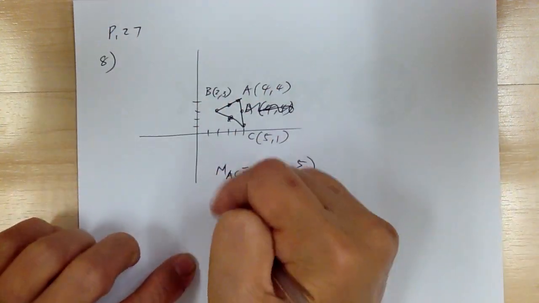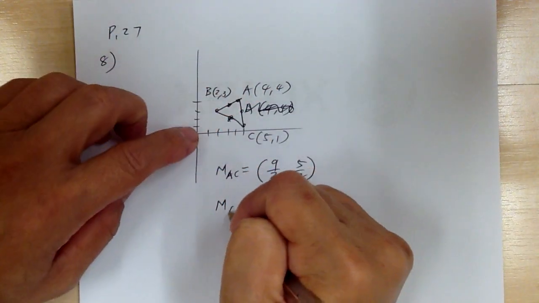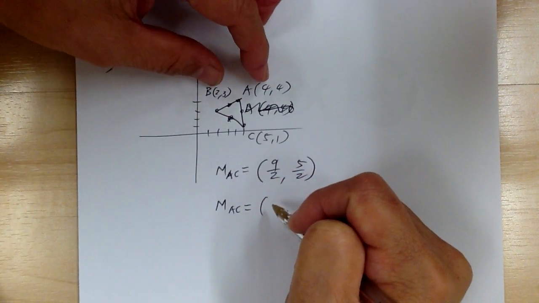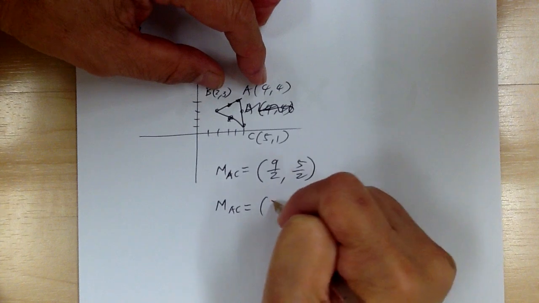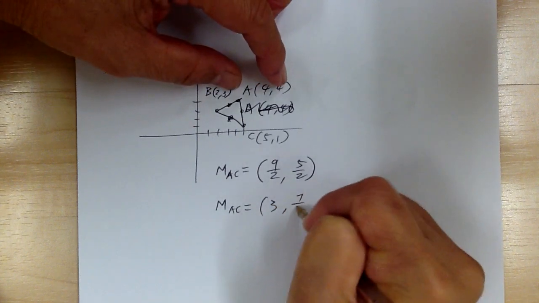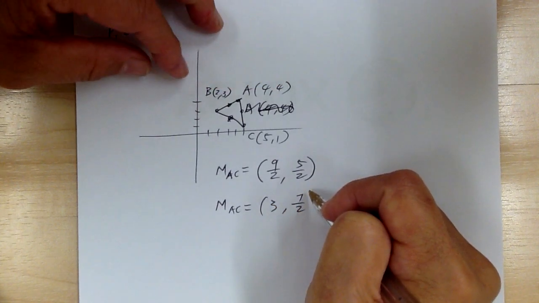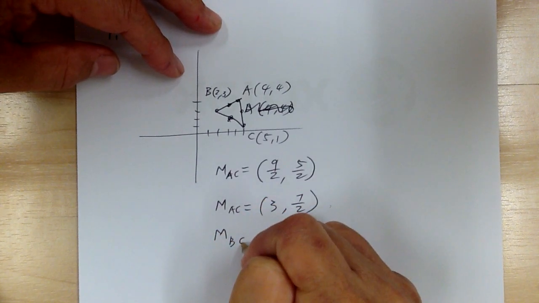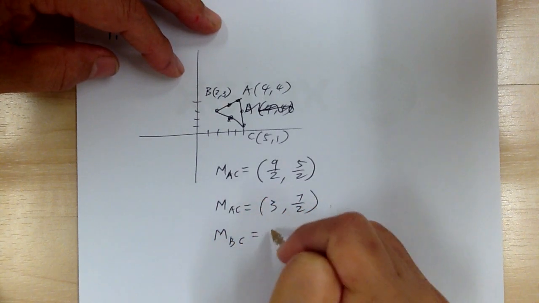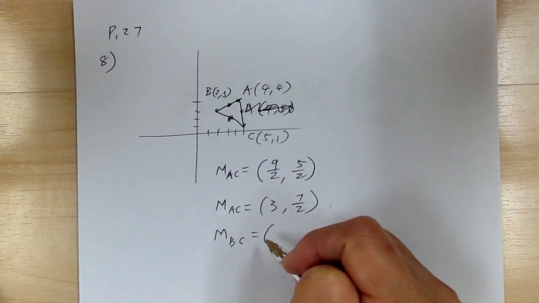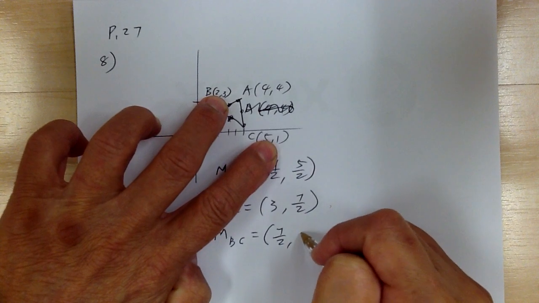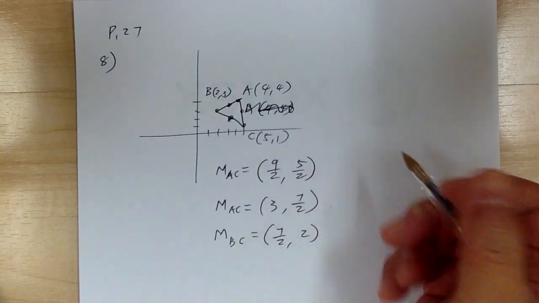Now the midpoint of AB, again you just average the 2, so 6 over 2 would give you 3, and this would be 7 over 2. And the midpoint of BC is equal to, you average, so it'd be 7 over 2, and 4 over 2 would give you 2. Okay, and that's it.